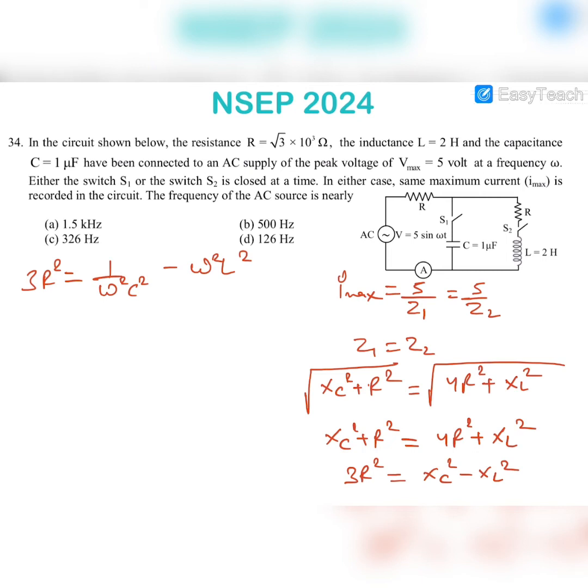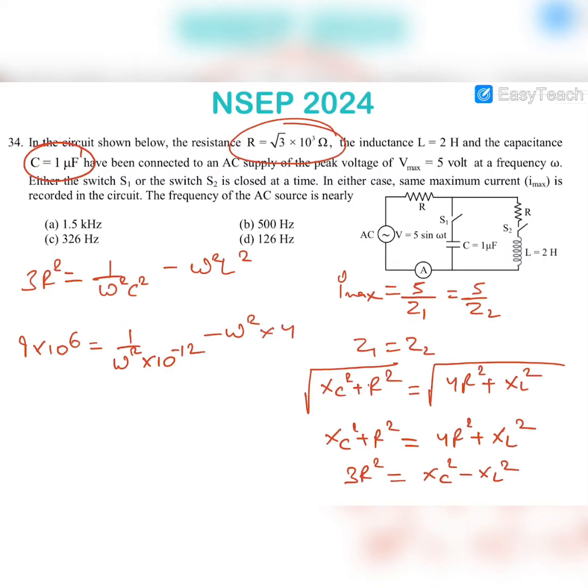So this R is this one, and 9 into 10 raised to power 6 is equal to 1 upon omega square into 10 raised to power minus 12, minus omega square into L square, which is 4.